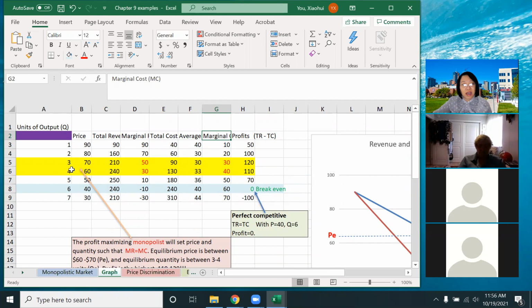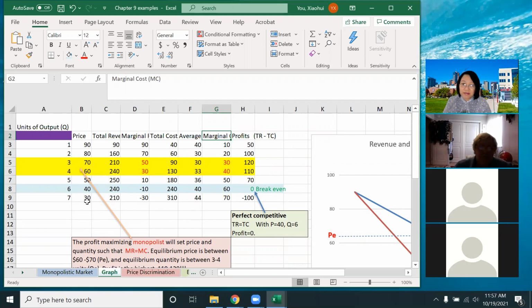And then can you tell me what's their profit for the monopolistic market company? Can you see their profits? So they are maximizing profits, so their profit should be maximized, right?